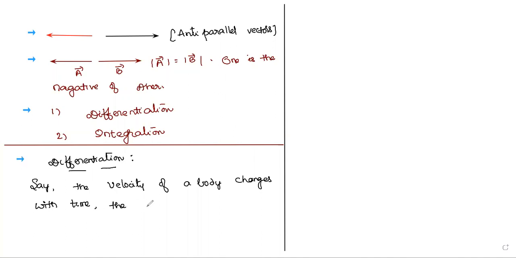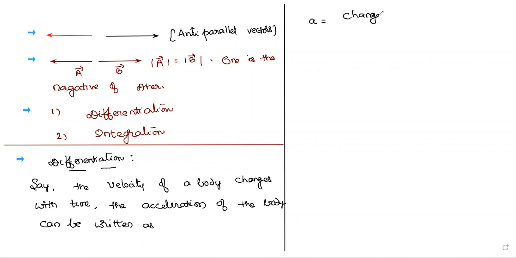The acceleration of the body can be written as A is equal to, your known formula from your 10th class or 9th class, change in velocity divided by time.